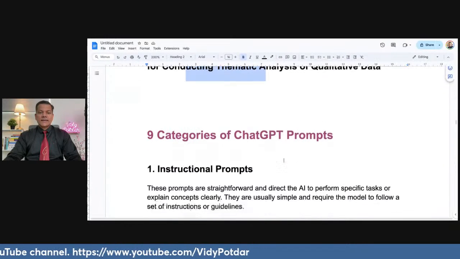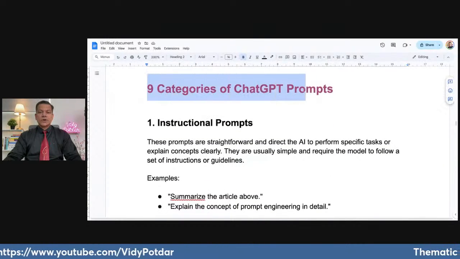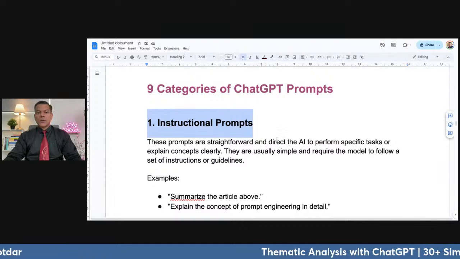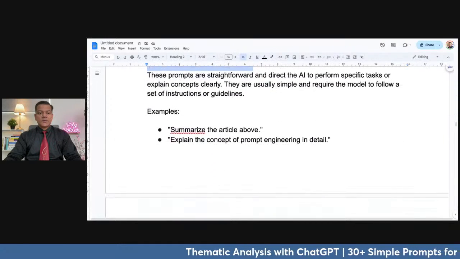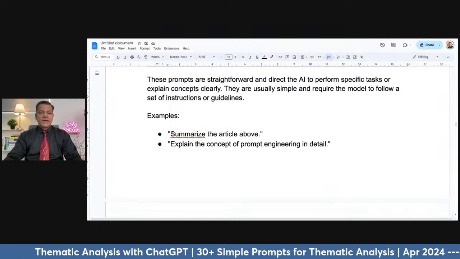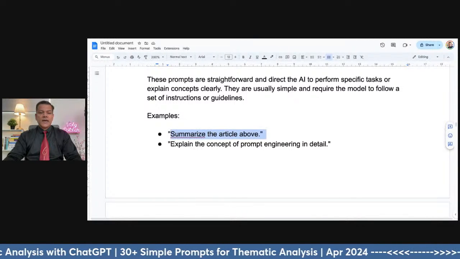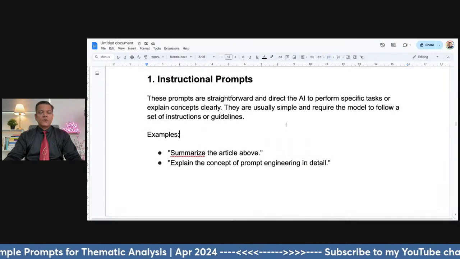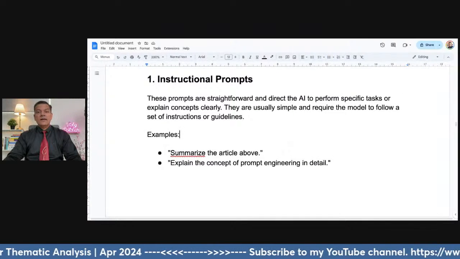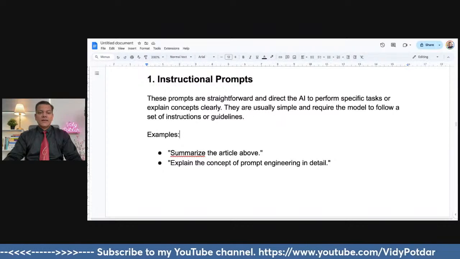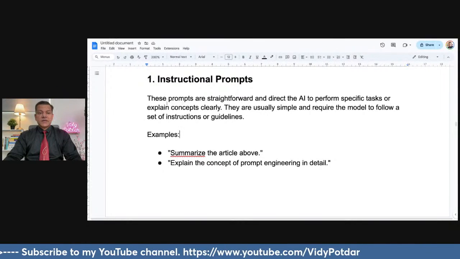There are, like I said, 9 different categories of ChatGPT prompts. The first one is the instructional prompt. Some examples are: summarize the article above, or explain the concepts of prompt engineering in detail. Whenever you want to learn something or you want to instruct ChatGPT to do something, these kinds of prompts are called instructional prompts.